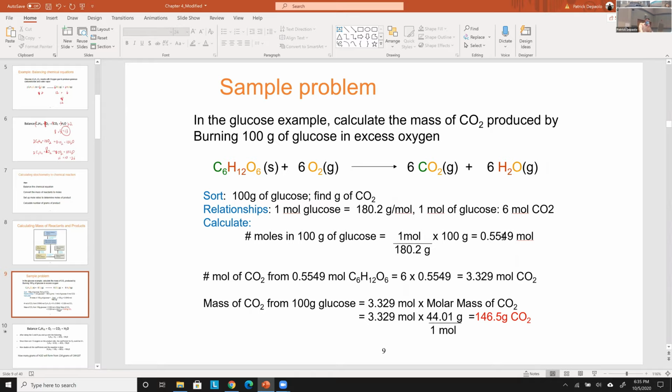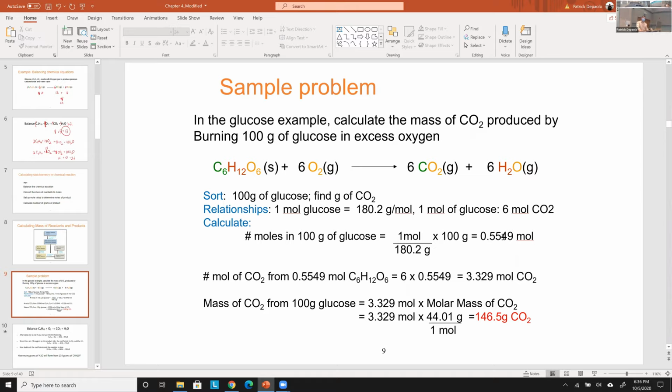Because now that we have 0.55 moles, we can do a proportion, or cross-multiplying, whatever you want to do in math, to say: 1 mole of glucose makes 6 moles of CO2, therefore 0.55 makes 0.55 times 6 of CO2. And that number ends up being 3.329 moles of CO2. Does that part make sense?